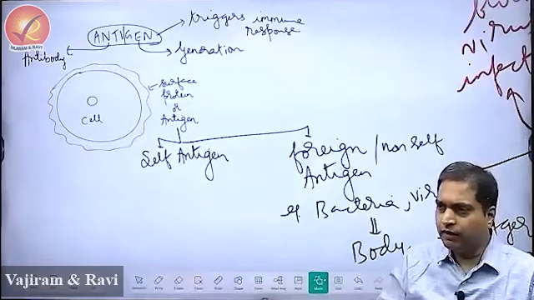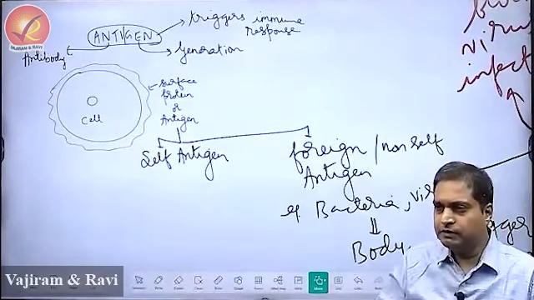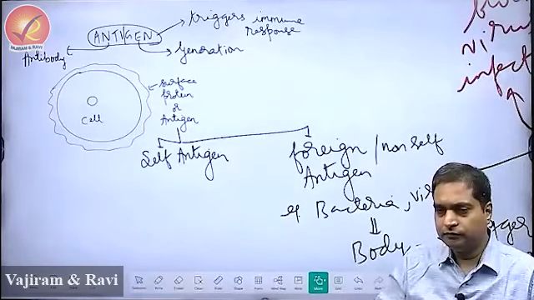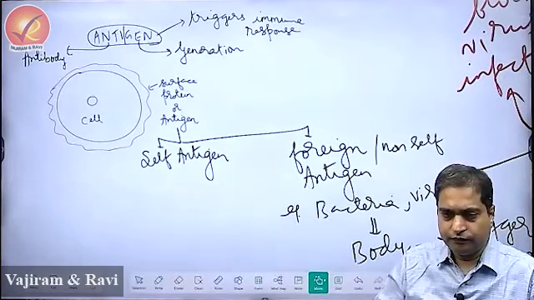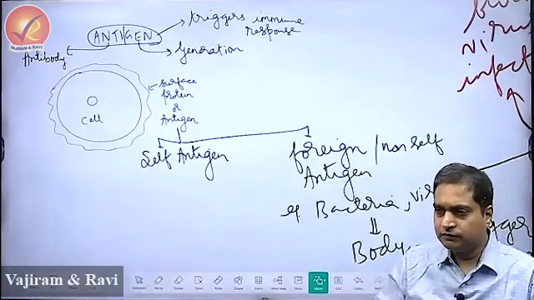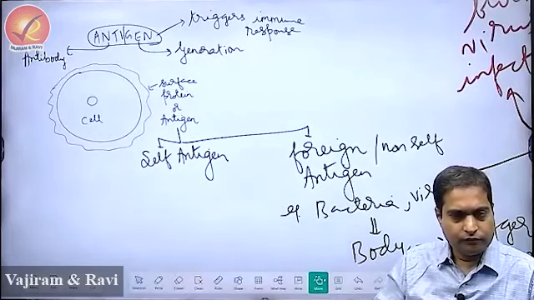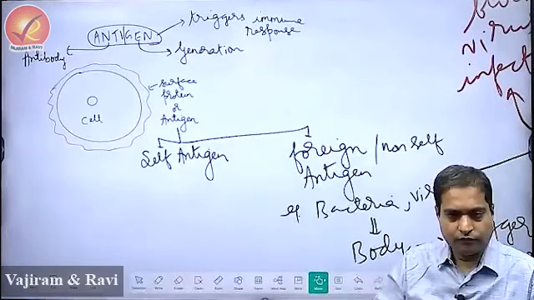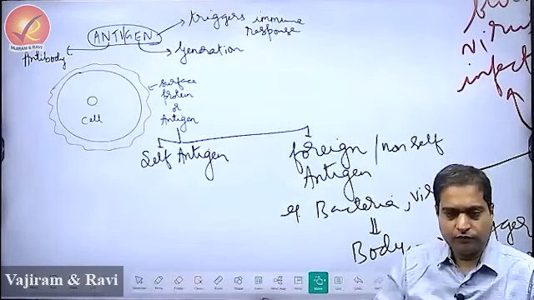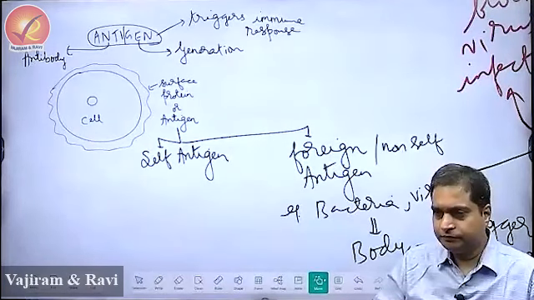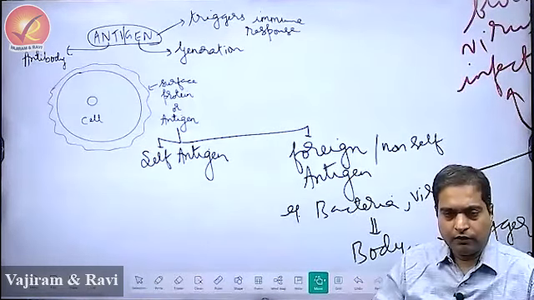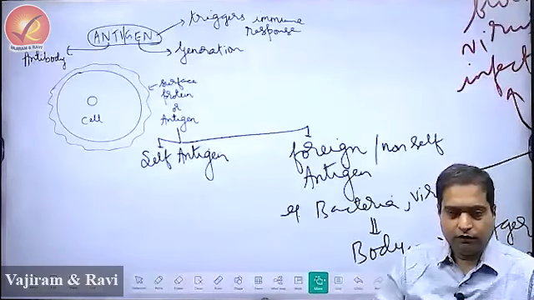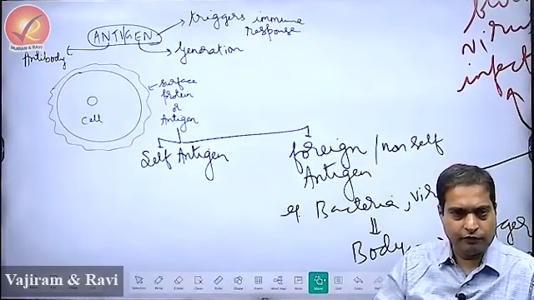And these antibodies circulate in the blood to prevent the infection of the virus or neutralize the toxin of the bacteria.